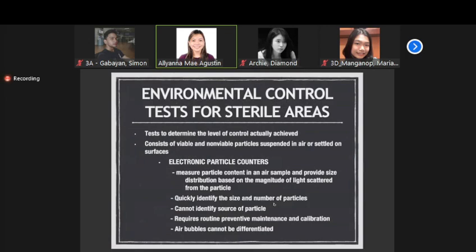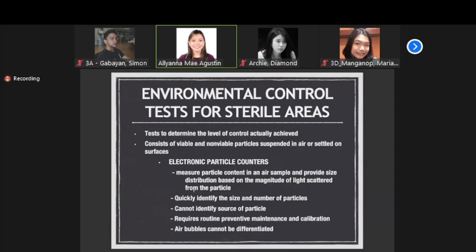Next, for the environmental control, for your sterile area. So we have what we call your clean room or your clean area, sterile area. So dito natin ginagawa yung mga sterile dosage forms. So syempre, para maging sterile sila, dapat sterile din yung environment kung saan sila ginagawa. So we have to control the number of particles na nasa air or nasa surfaces.